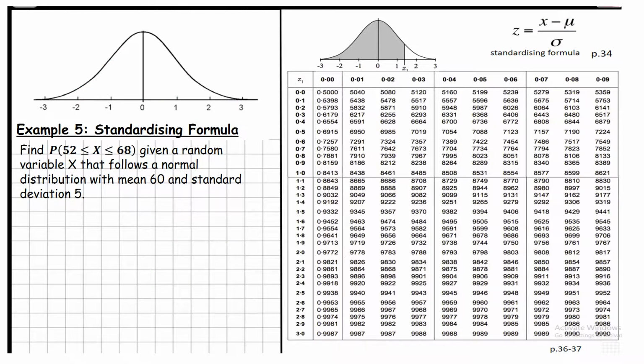So example 5 then is a similar question. It's actually a follow-on, and they want us now to find the probability where this random variable x is between two numbers, 52 and 68.